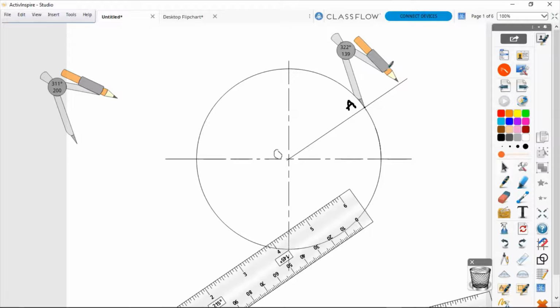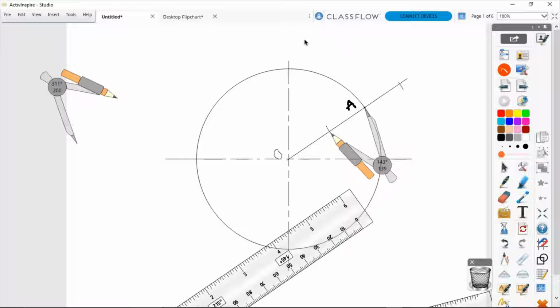These markings will later serve as guides for me to construct my perpendicular bisector. So there is my second marking.